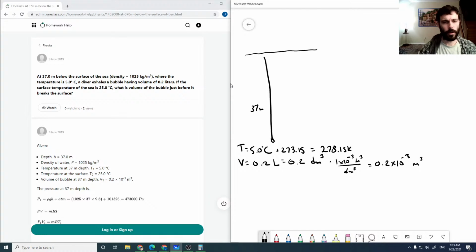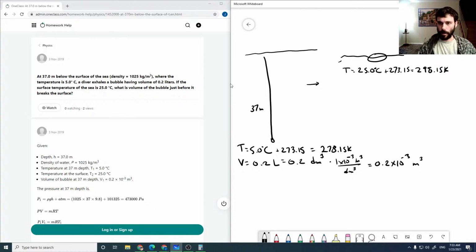Okay, and it wants to know what the volume of the bubble is when it's reached the surface, where it has a temperature of 25 degrees Celsius, which we're going to add 273.15 to get 298.15 Kelvin.